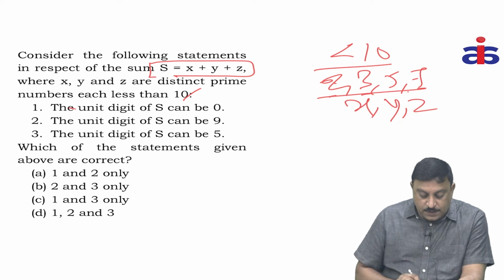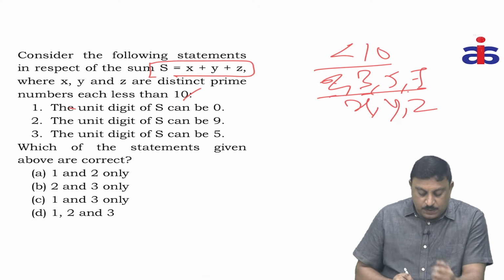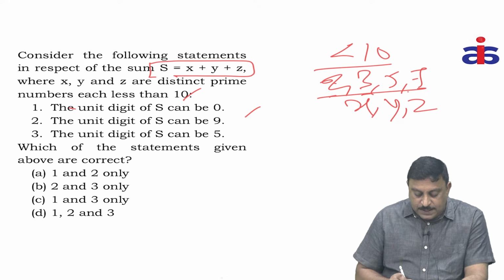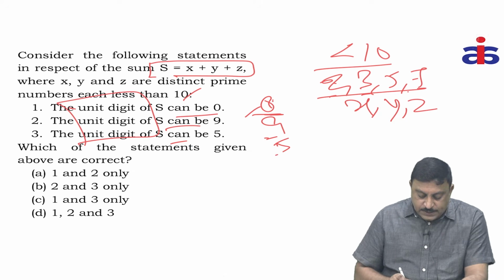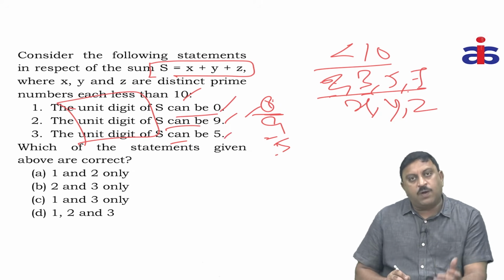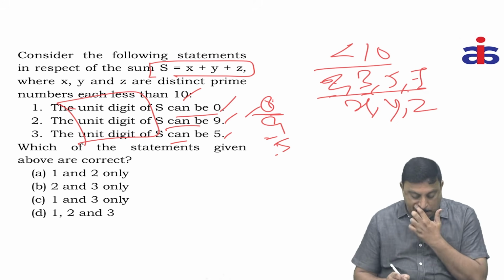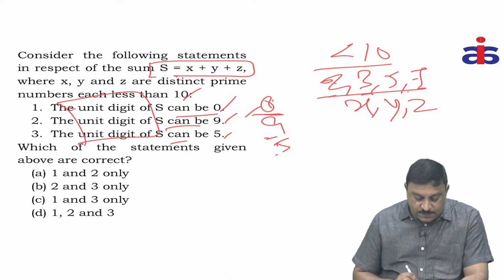Now, the first one: the unit digit of S can be 0. Unit digit of S means the sum. If you add all of them, you will get some sum. That sum's unit digit can be 0, can be 9, can be 5. We have to take the possibility cases, right? Which of the statements given above are correct?